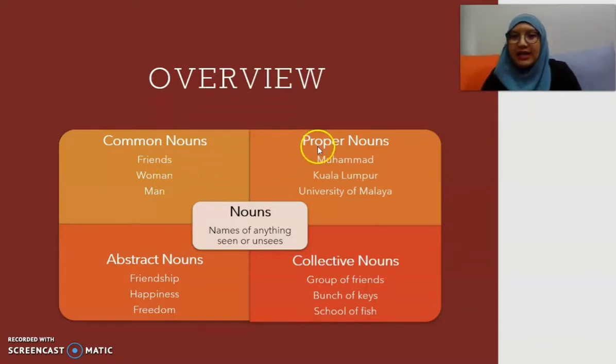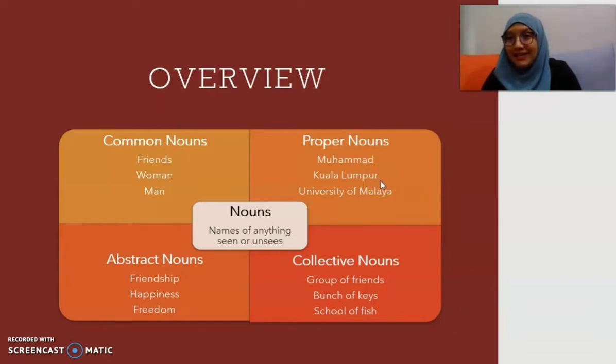Okay, second, opposite to common nouns are the proper nouns. These must begin with a capital letter, whether or not they are at the beginning of a sentence or in the middle of a sentence. For example, a person's name, Muhammad, or my name, Hanara, all begin with a capital letter.